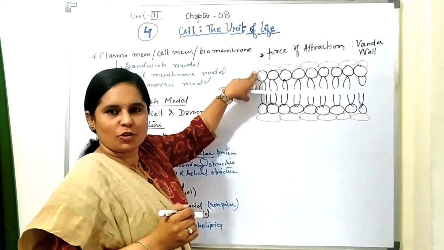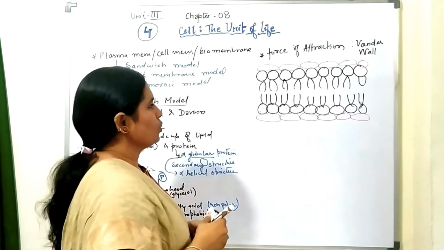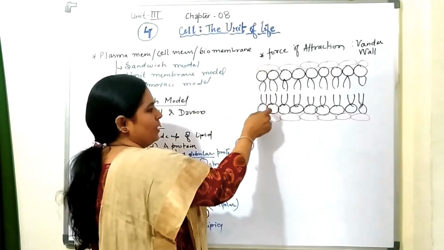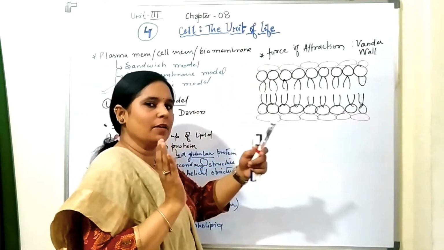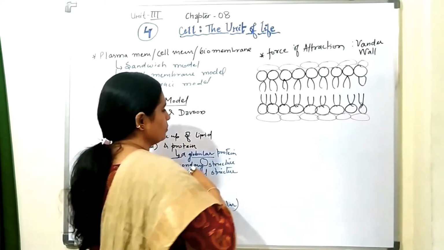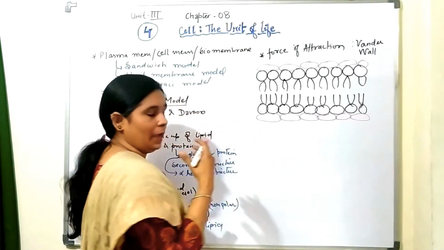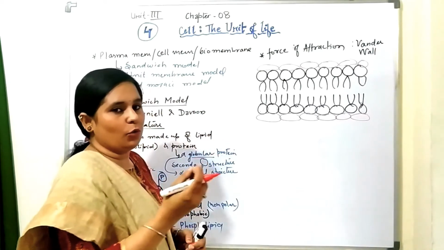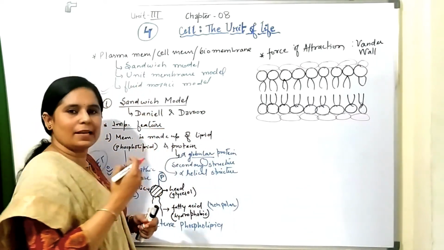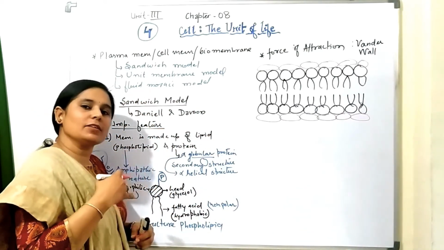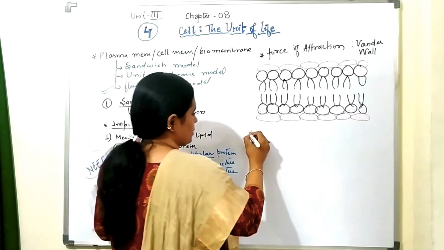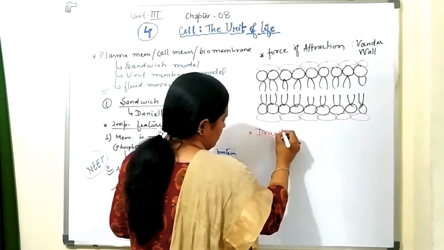That is why it is called the sandwich model. In this model, you can see proteins are arranged on both sides of the lipid bilayer. Now, what is important is that this model was not selected, as it has so many drawbacks, so let's discuss the drawbacks.